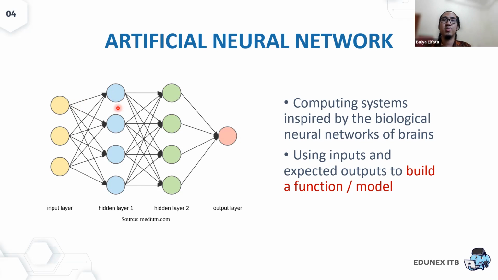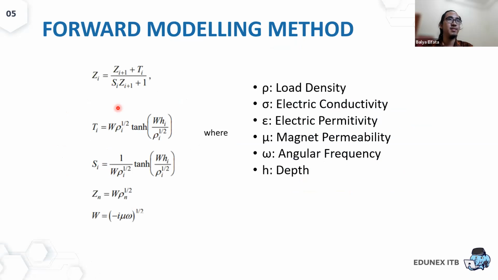We just need to optimize the learning rate and how many times we need to train it. So basically, an artificial neural network needs a lot of data to work efficiently. So that's about artificial neural network.